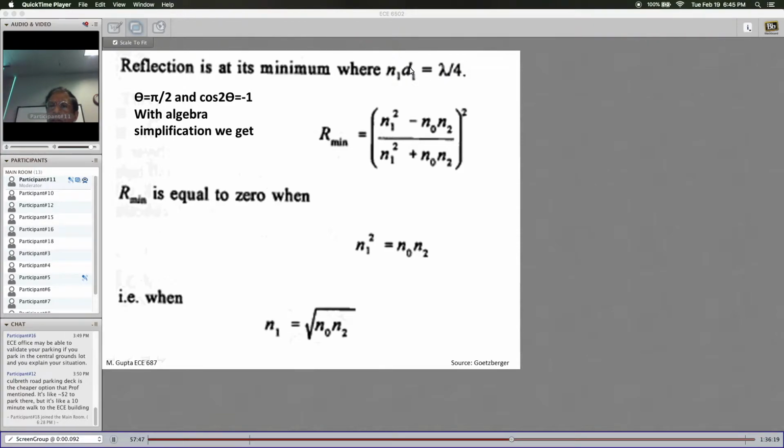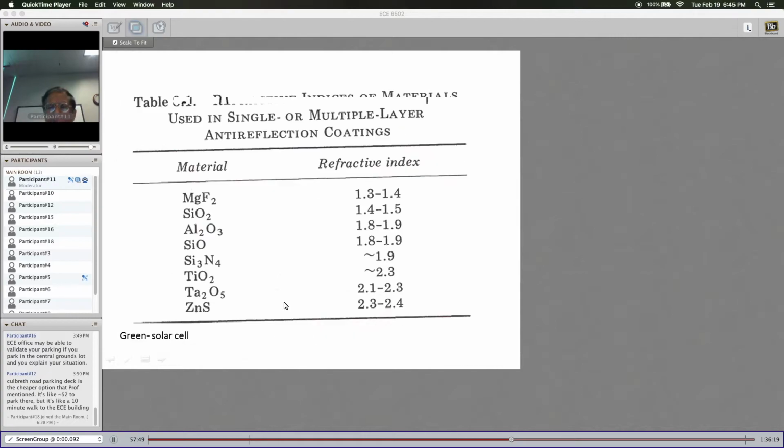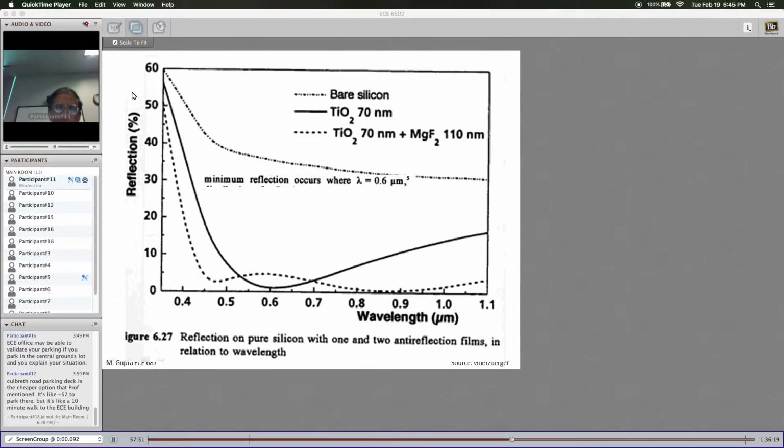Okay. So you put in the index and wavelength, you get 70 nanometers. Notice what you have, a solid line. You have a reflection almost zero, only at one wavelength where you satisfy the anti-reflection condition. That's what the question was.